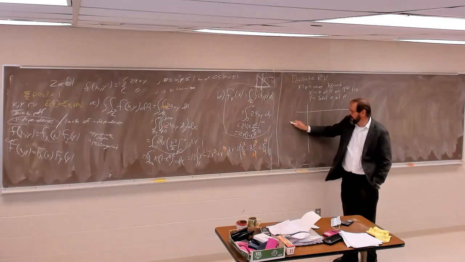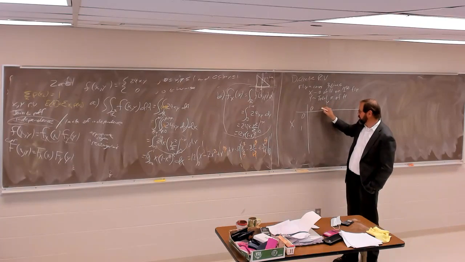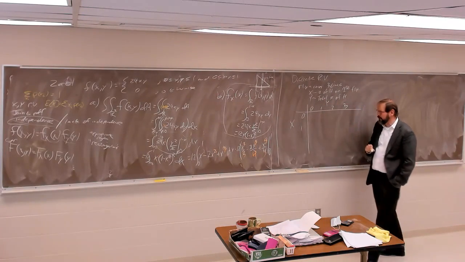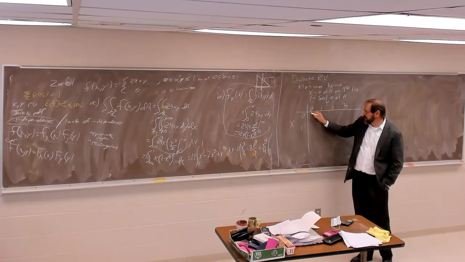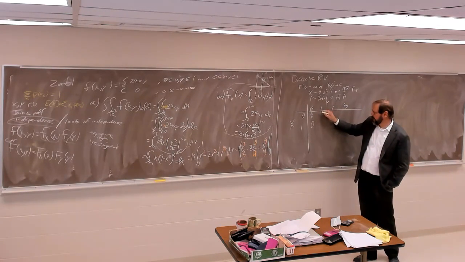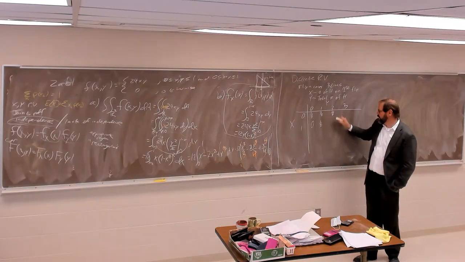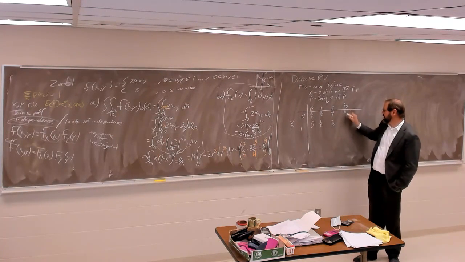And so I had these values x, let's see if I can remember the values that went in there, and my y was 0, 1, 2, and 3. And I had things like a 1/8 and a 0, a 2/8 and a 1/8 and a 1/8 and a 2/8 and a 0 and a 1/8.